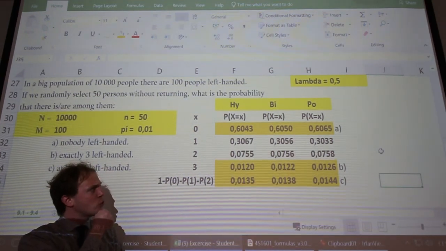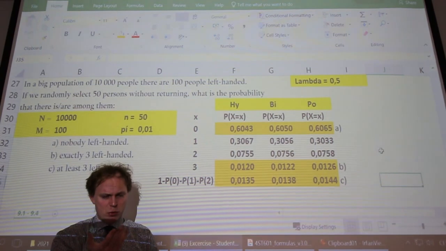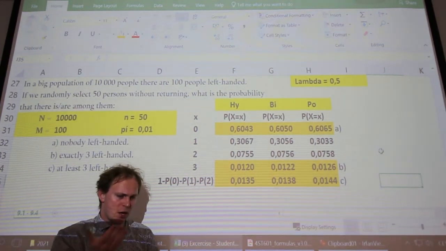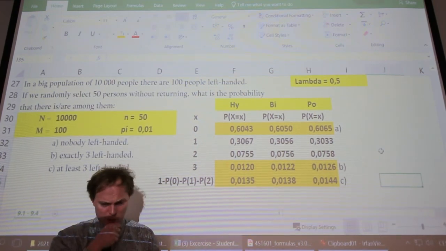So I showed you the approximation of the hypergeometric distribution by the binomial distribution and the approximation of the binomial distribution by the Poisson distribution.